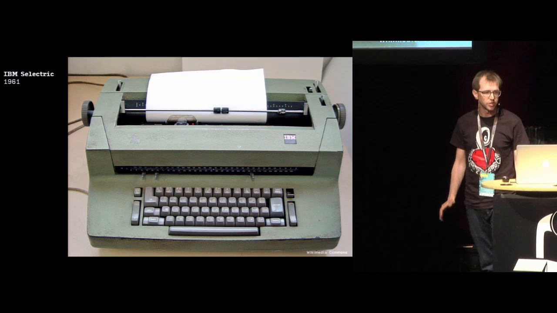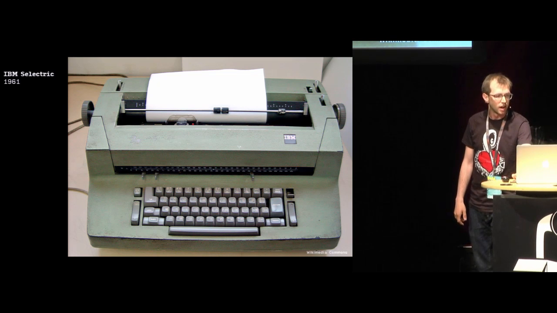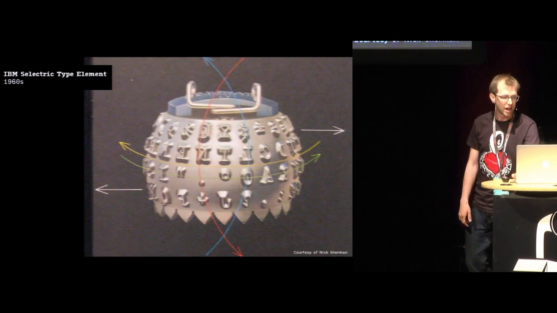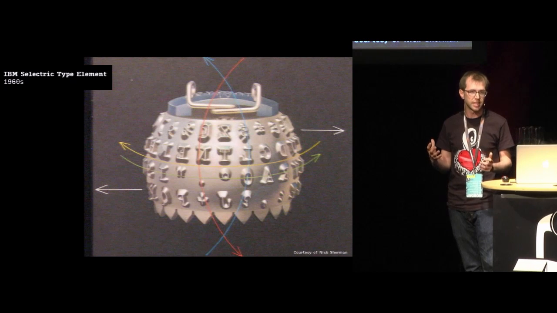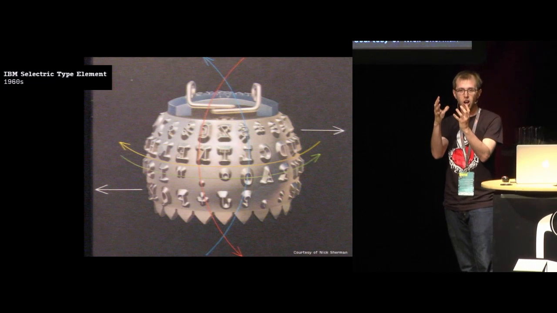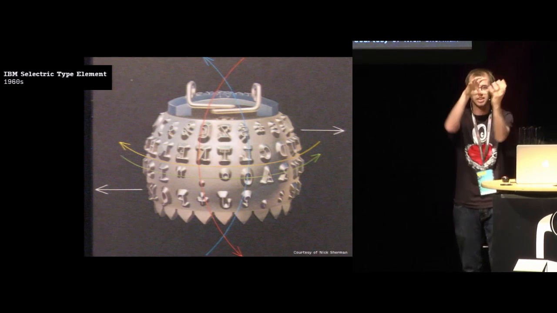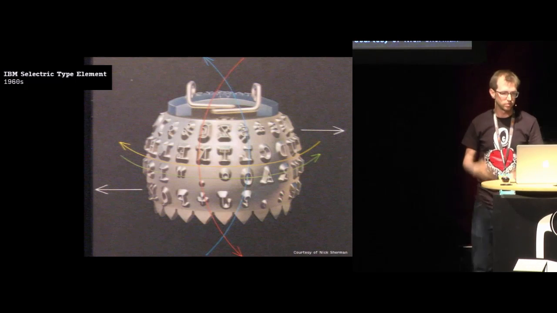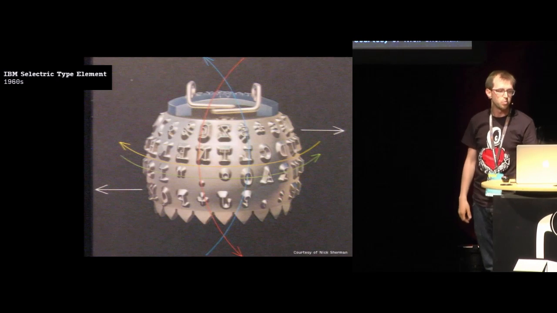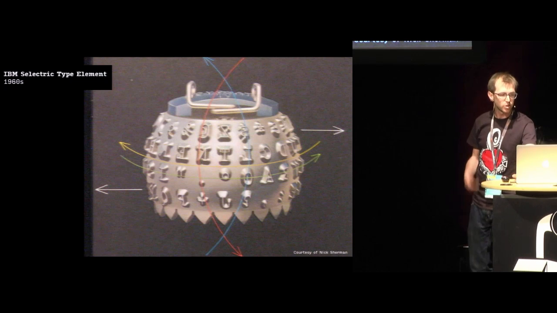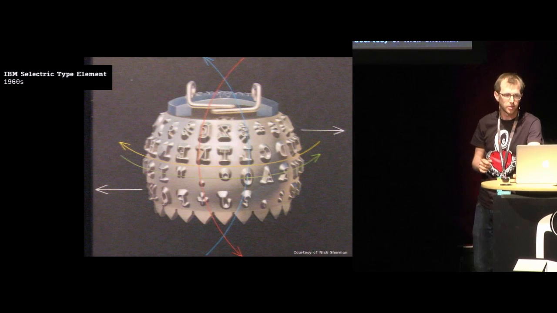Electric typewriters ushered in a new era of typography. This is the IBM Selectric, and fonts became easily replaceable because they existed on this ball, this element that rotated as you hit the keys. You can see here how the design of the ball shows the columns of the monospaced font.